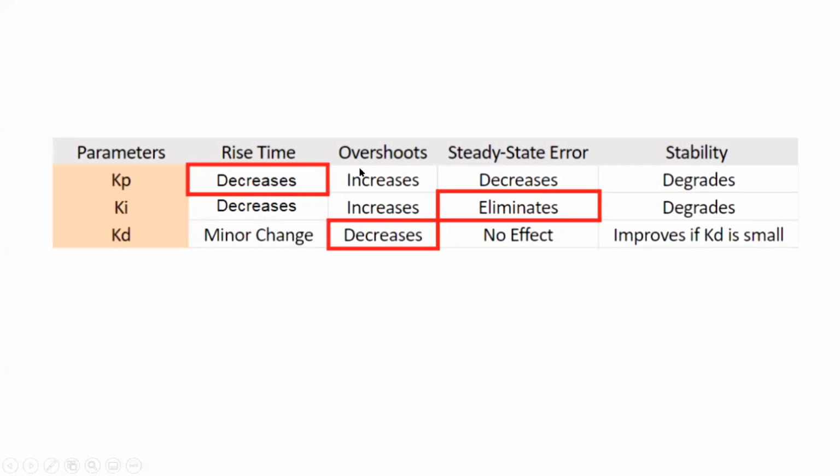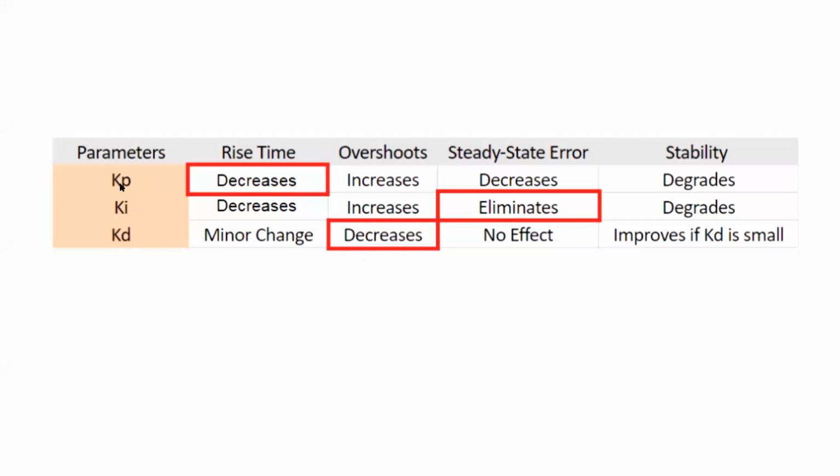So rise time decreases with increase in Kp, that is proportional gain.